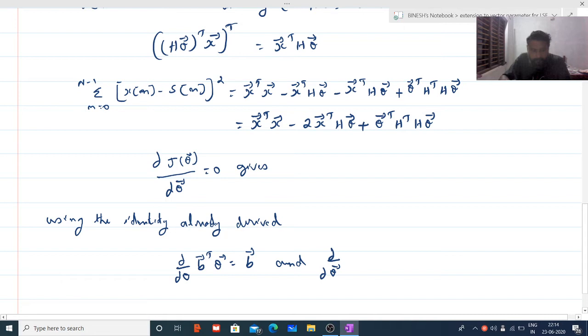Using the identity derived, that is dou by dou theta of b transpose theta is nothing but b, and the system is not working.